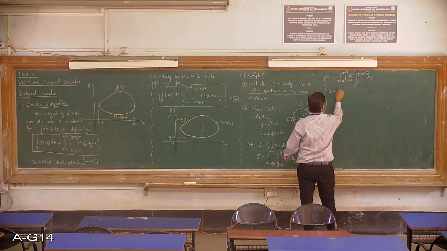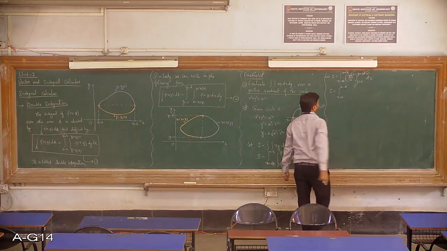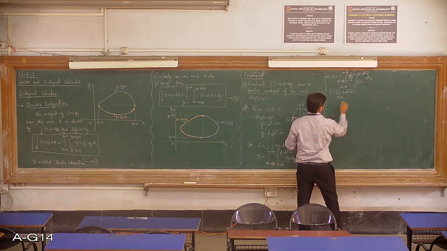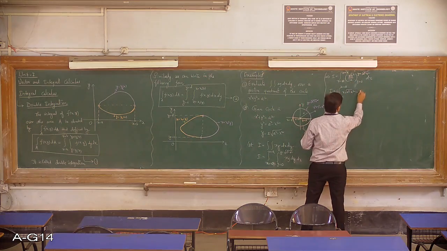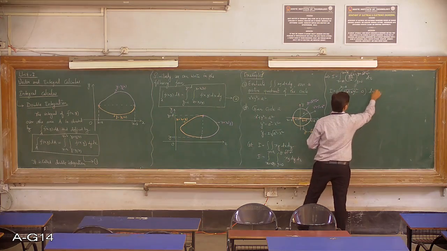So now I is equal to integration from x equals 0 to x equals a. Now put the y value here, x into square root of a square minus x square, here 1 by 2 you can keep outside, minus putting the lower limit, that will be 0, into dx.